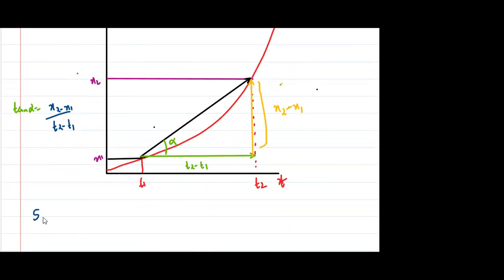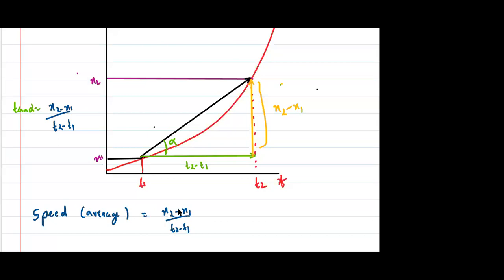So the black line represents your speed, and it represents your average speed, yes or no? So basically, x2 minus x1 by t2 minus t1. Anyone have any doubt in this?